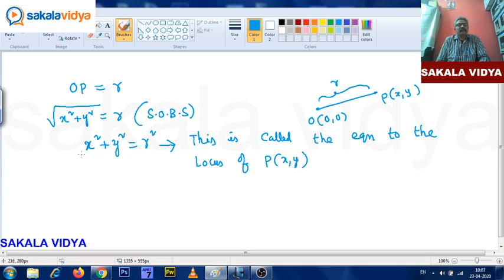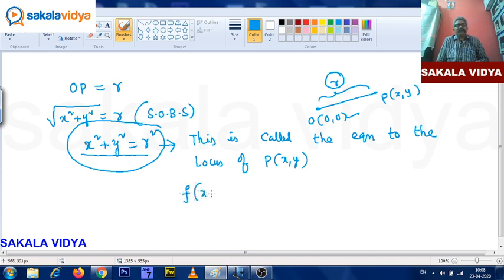Actually, it represents a circle equation whose center is at 0 comma 0 having radius r. Understood now? Equation to the locus will be in the form of f of x comma y is equal to 0. This is the general form of the equation of the locus.